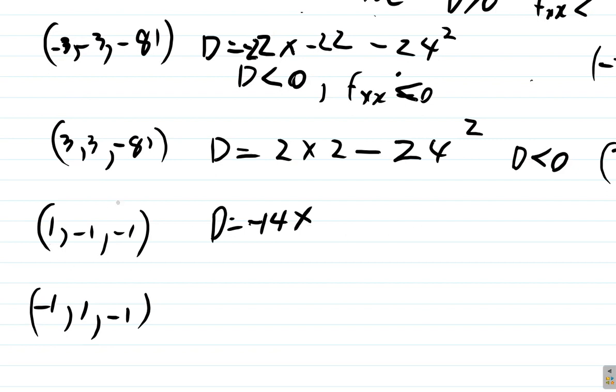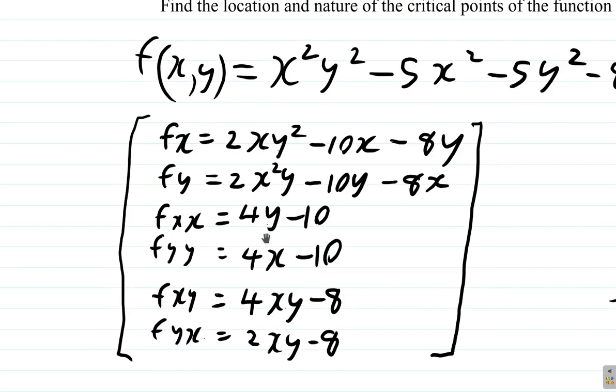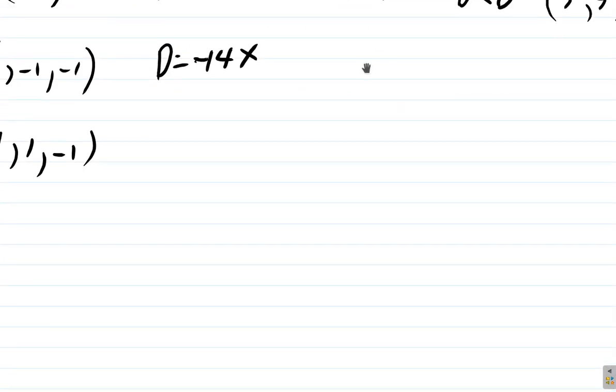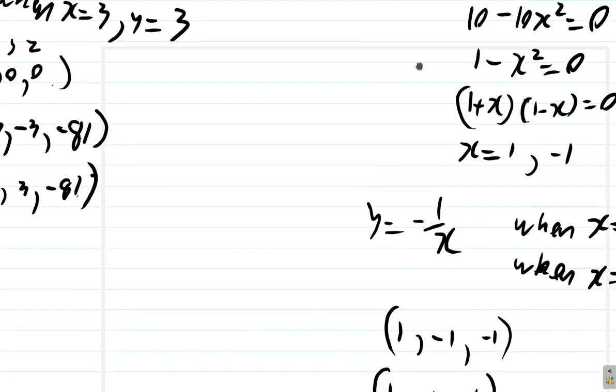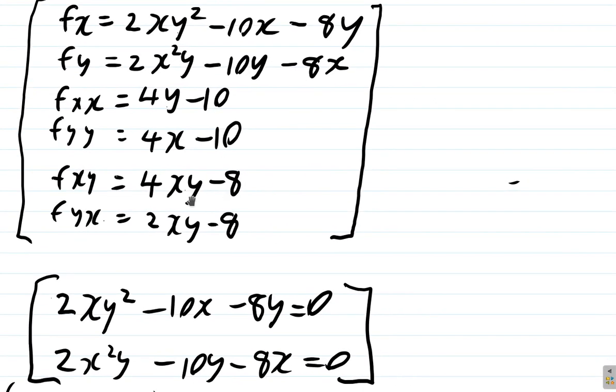And then, remember, x is positive 1, y is negative 1. So fyy, x is positive 1. 4 minus 10 is negative 6. It's going to be minus 6. Then minus, now, f of xy and square it. Positive 1, negative 1.